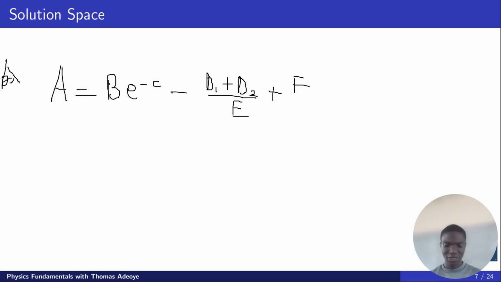There are 4 statements. So the first statement is that C must be dimensionless.